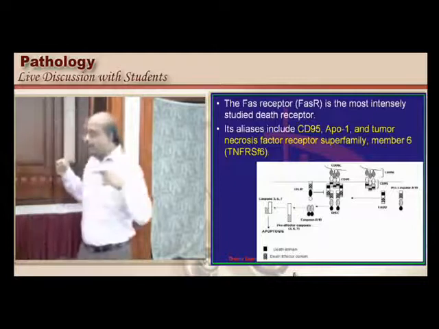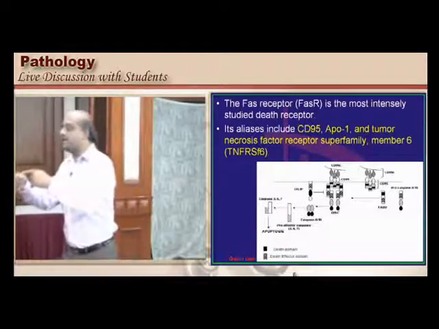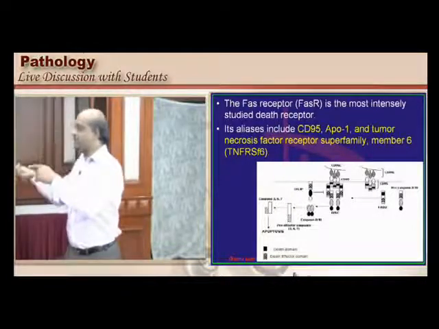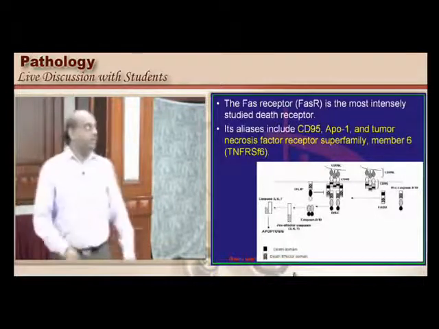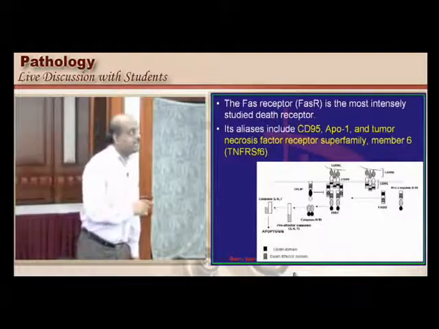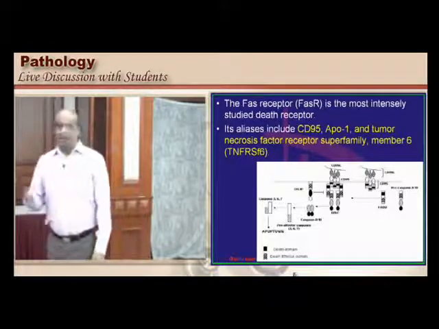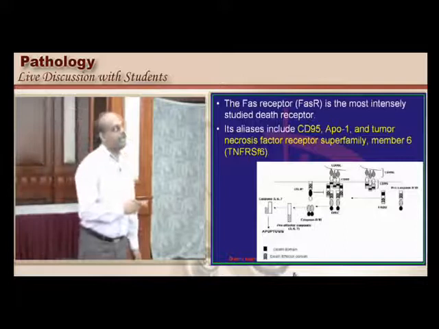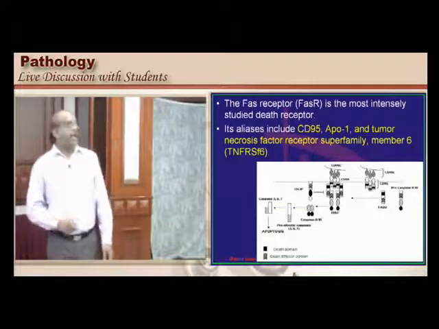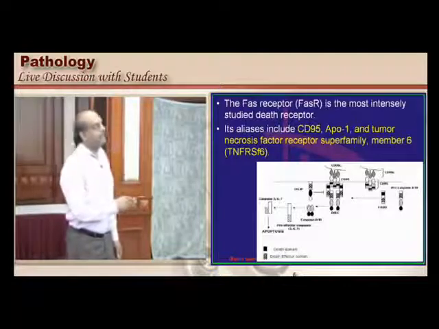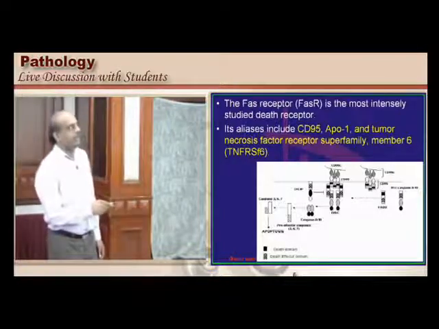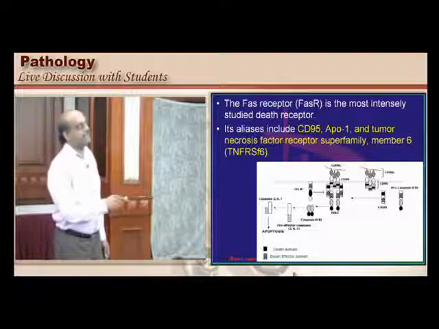There are two ways by which apoptosis is initiated on such a destined cell. One is called the extrinsic pathway, the other is called the intrinsic pathway. The FAS receptor is also called the death receptor, and it is also called CD95, APO-1, TNF receptor superfamily member, TNFRSF6.